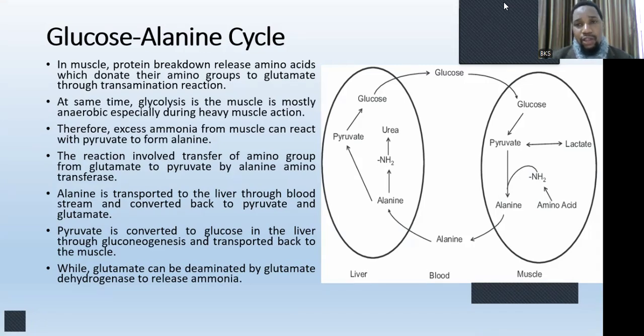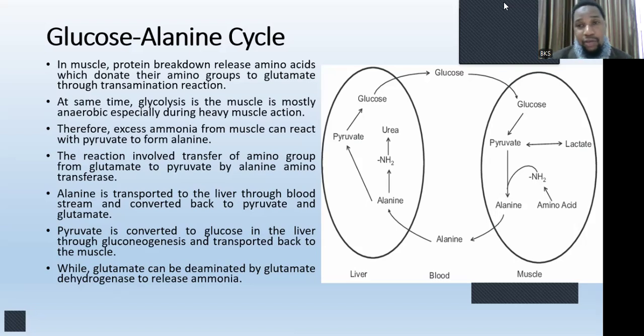Some of the tissue protein can be broken down to produce ketoacids. So you have a lot of transamination reactions to form ketoacids from the amino acids released from the tissue degradation of the skeletal muscles. So these amino acids are converted to ketoacids for energy production.